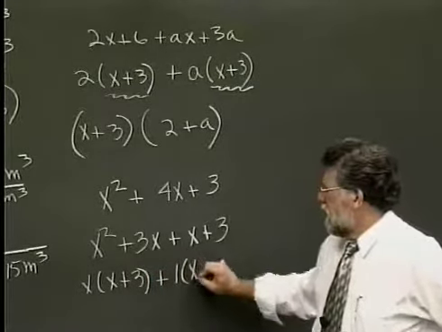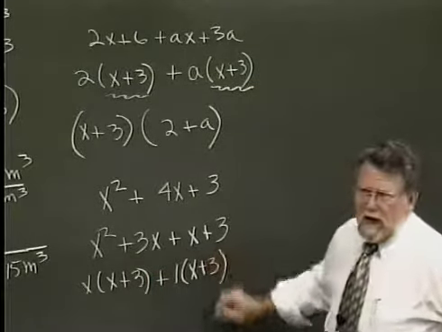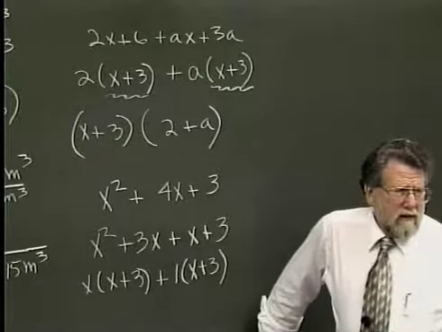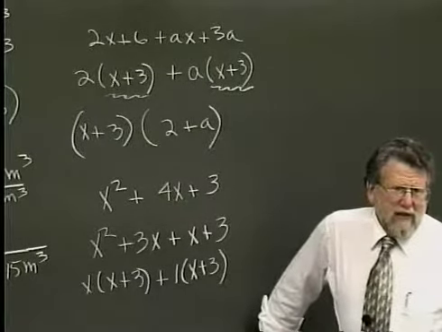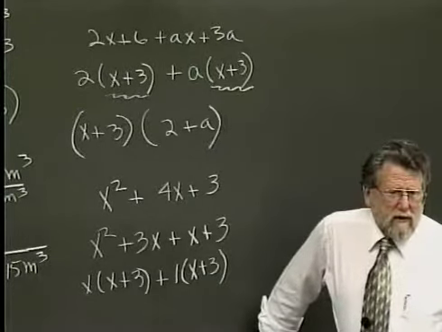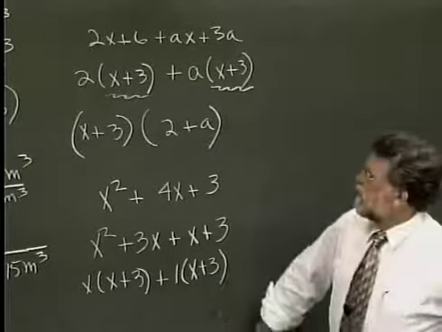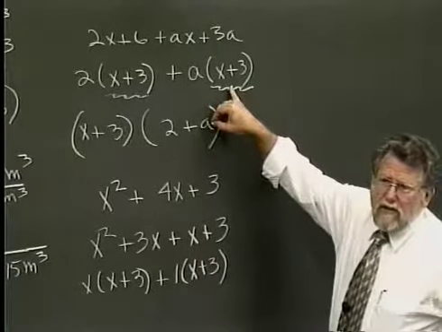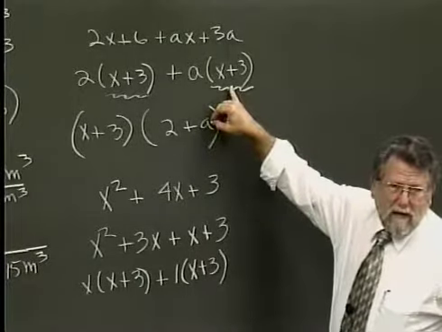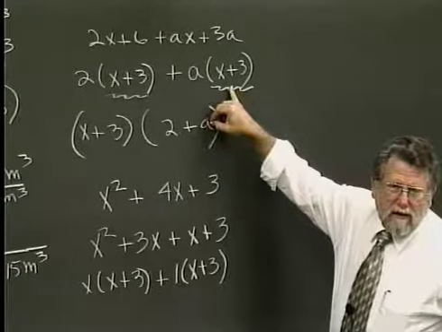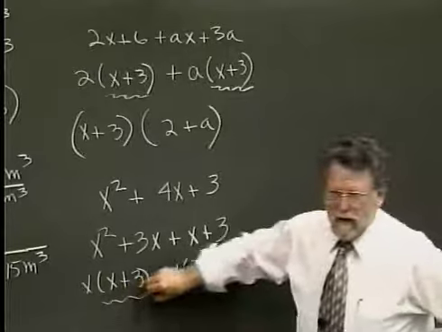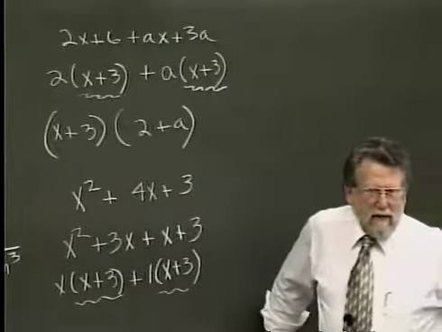And just for the sake of argument, the only common factor for the second two terms was a 1. Do you get the same aha experience that you were supposed to get up here? I tried to rig this so you have the same aha. You are now seeing the x plus 3 that is in both of them, hence aha.